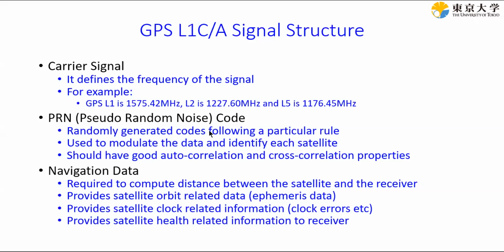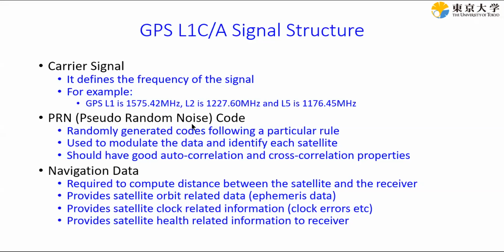They are needed to identify each satellite. They should also have very good correlation properties. This I will explain later. But this signal is a must. Another purpose of this signal is to calculate the pseudorange, the distance from the satellite to the receiver. So it helps you compute the distance between the satellite and the receiver.